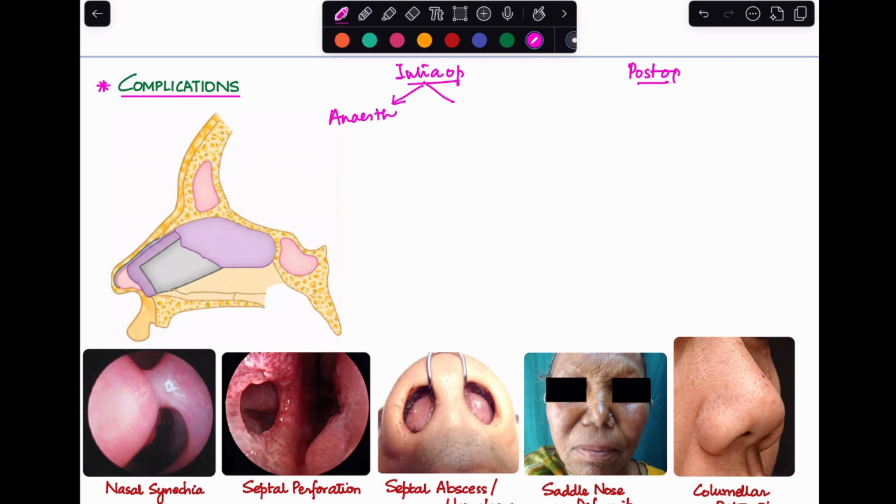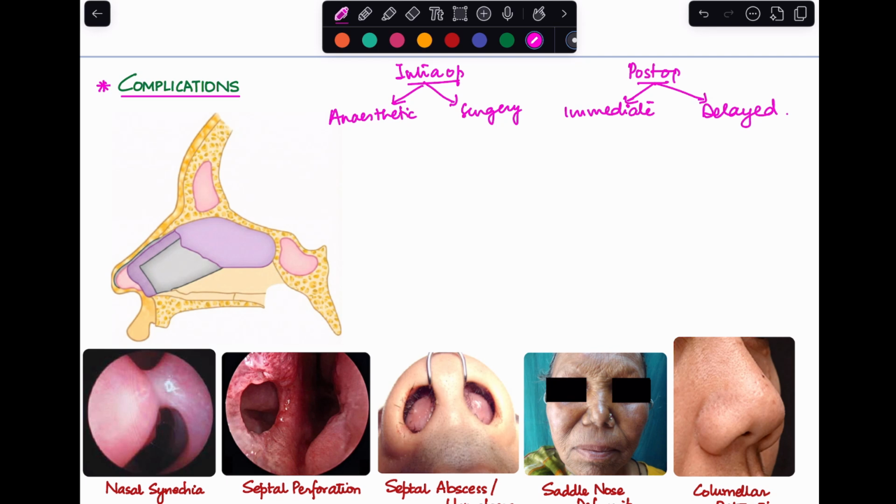We have anesthetic complications and we have complications because of the surgery. And postoperative complications can be divided into two. We have immediate postoperative complications and delayed postoperative complications.